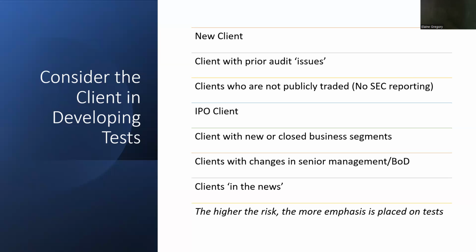Clients with new or closed business segments, that's going to change the fluctuation of cash. If they're new business segments, they may be slow to start or they may have been very popular. Closed business segments, you may see a reduction of cash. Clients with changes in senior management or the board of directors, that may change the mission, vision, and goals of the company. They may be getting into more types of debt, which could affect covenants regarding cash.